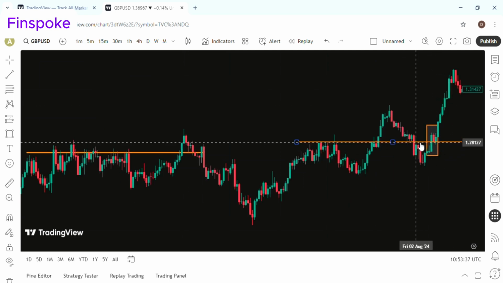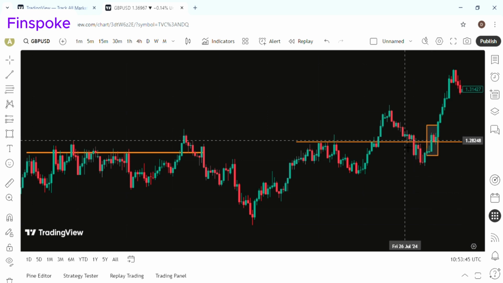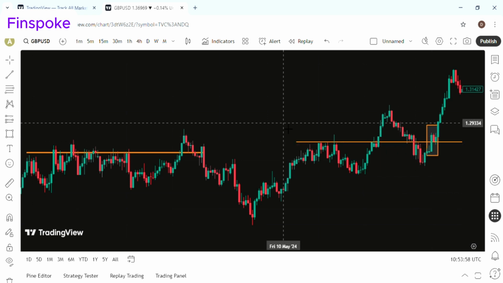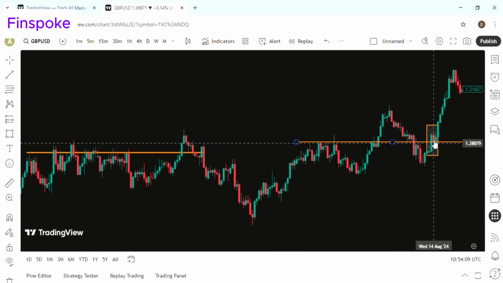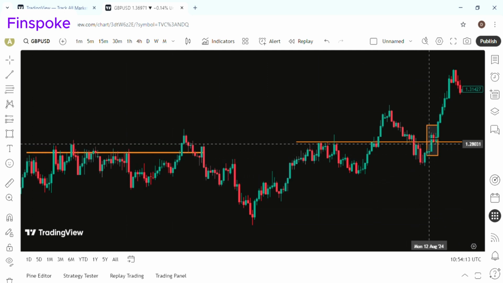Okay, looking at this is an inside bar candle. Now, actually, this bullish candle closed above this resistance zone. You are faced with the question: will price continue to push up or will price reverse at this stage? So this inside bar is telling you to wait, it wants to decide. And in this case, it decided to push up.